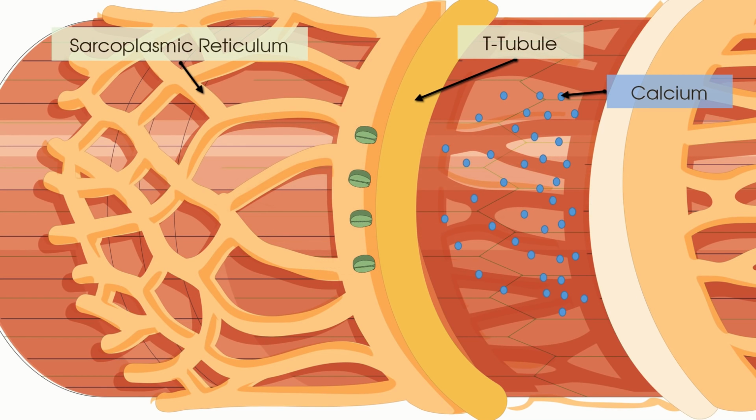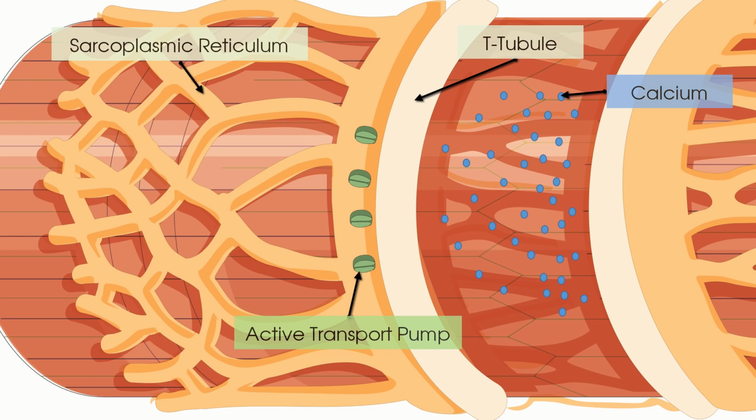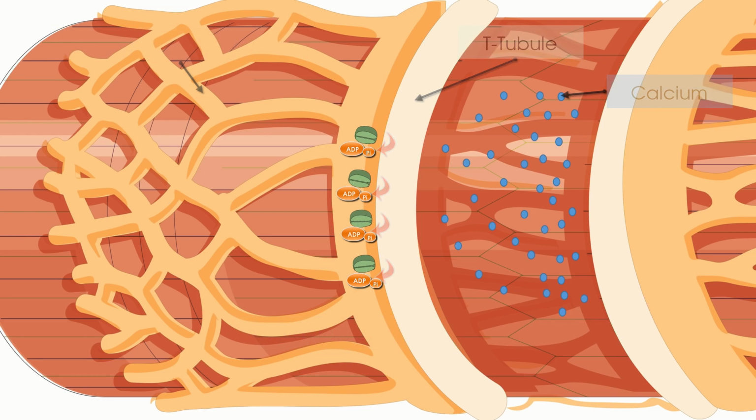So the final bit is that once the stimulus for the contraction has ceased, then the calcium moves out of the sarcoplasm, and it does this as follows. So there are active transport pumps on the sarcoplasmic reticulum, and these pumps use ATP, which binds to the pump and is hydrolyzed to ADP and an inorganic phosphate.